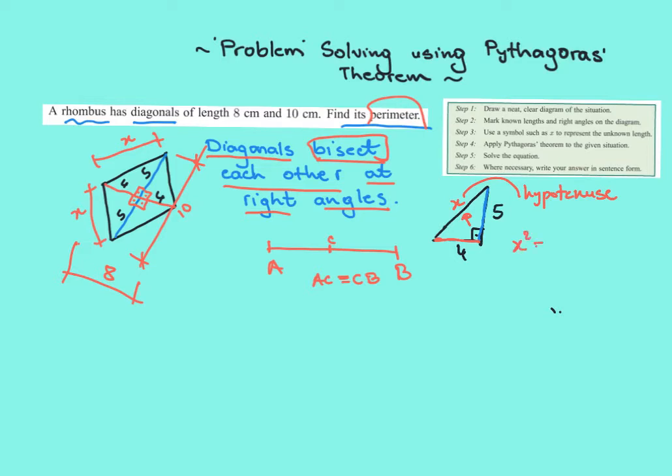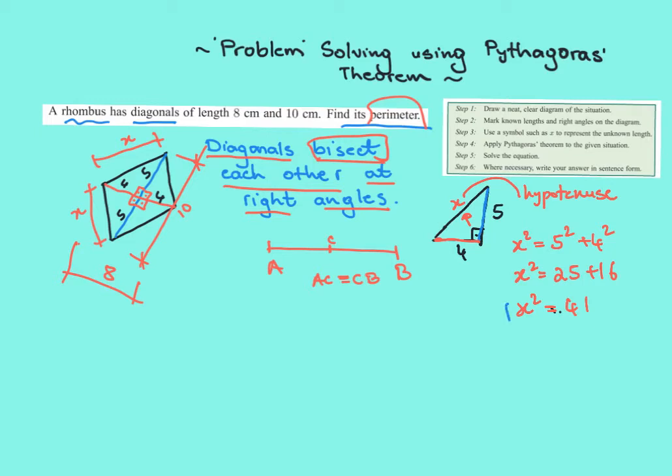X to the power of 2 is equal to 5 to the power of 2 plus 4 to the power of 2. X to the power of 2 is equal to 25 plus 16, and then X to the power of 2 is equal to 41.